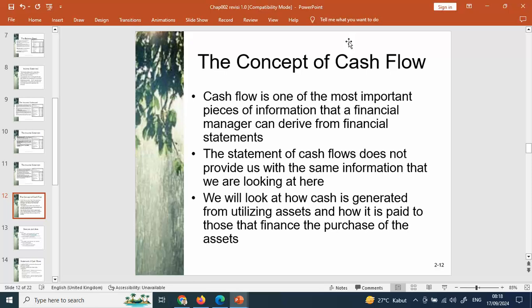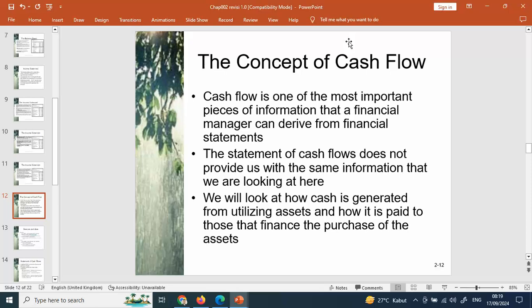Cash flow is one of the most important pieces, the most important. So balance sheet, income statement, cash flow. Cash flow is the most important piece of information that a financial manager can derive from financial statements.